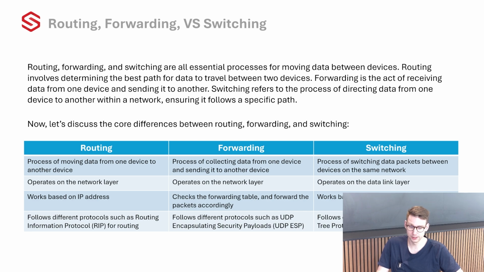What is the definition of forwarding? This is the number of packets a switch can process per second. This is measured in millions of packets per second, or the short term is Mbps. You might have heard that before.